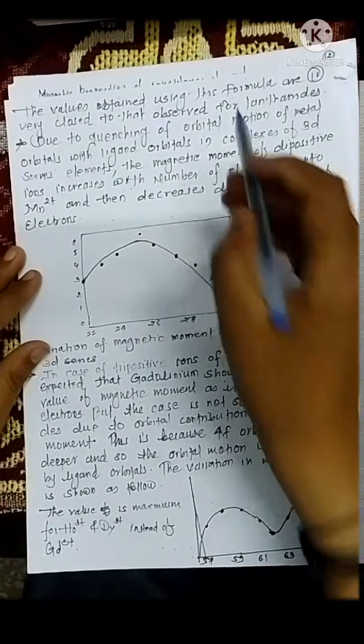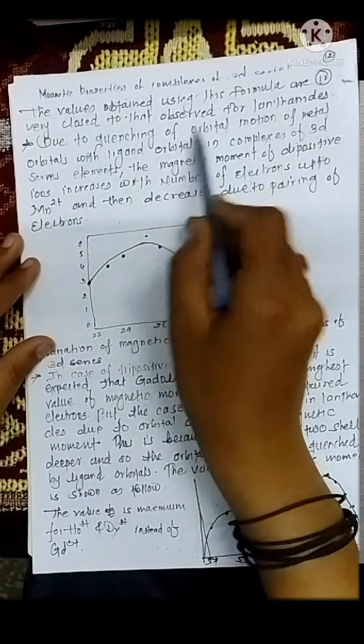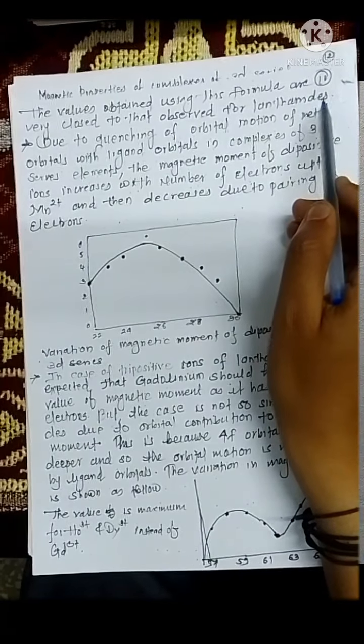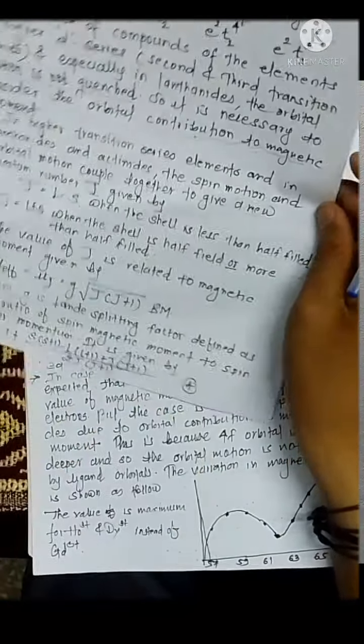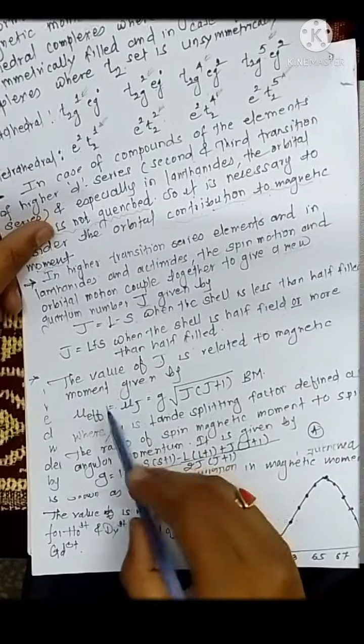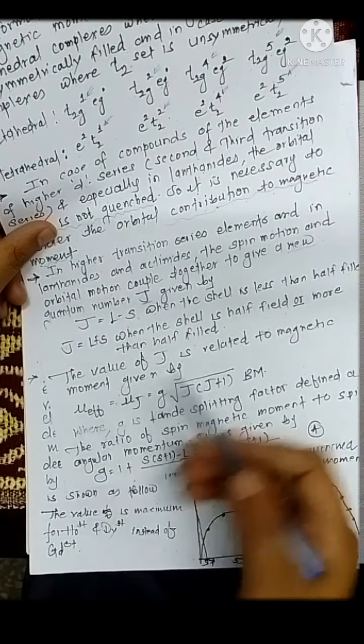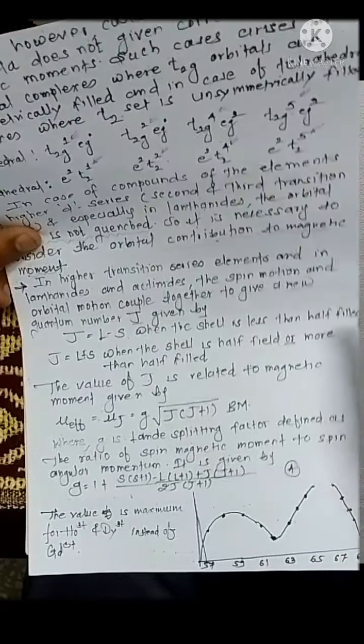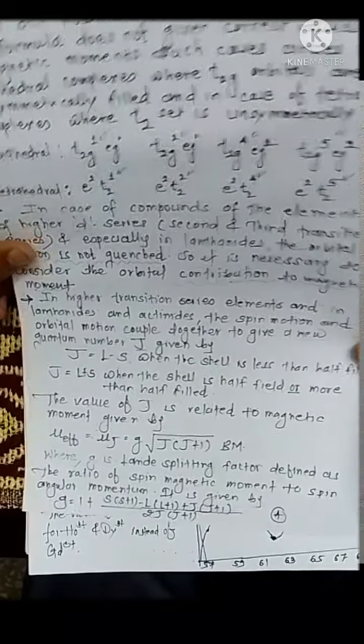The values obtained using this formula are very close to the observed values for the lanthanide series. So basically, when we calculate mu effective for lanthanides, this formula is used, and for other compounds, the other two formulas are used.